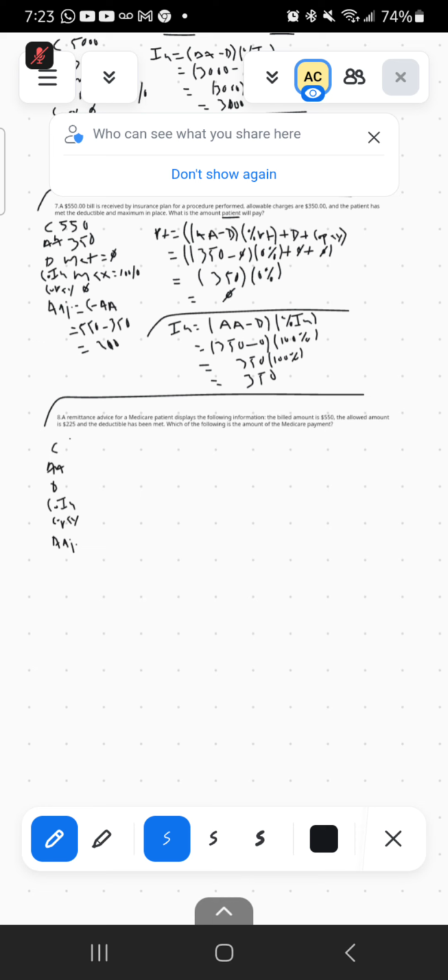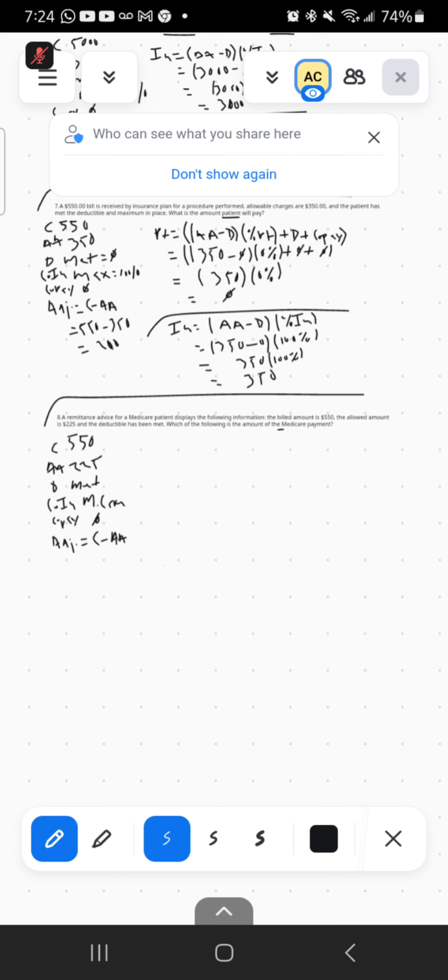It says 550, another 550, and that amount is 225. Deductible is X. Co-insurance doesn't say, but it says Medicare. Co-payment doesn't say, and the adjustment is charges minus allowed.